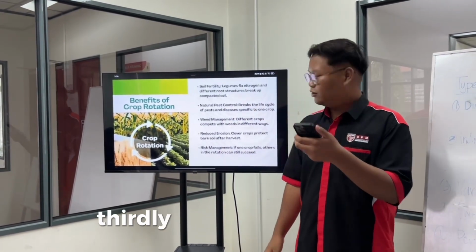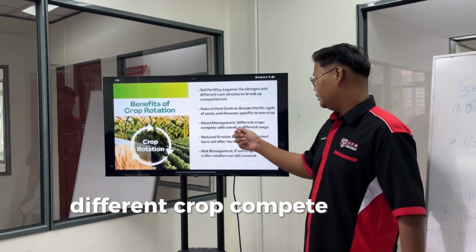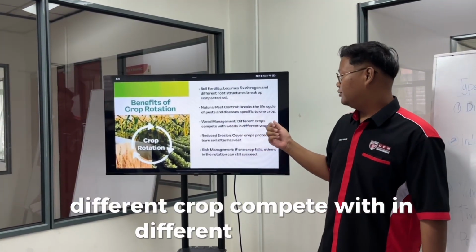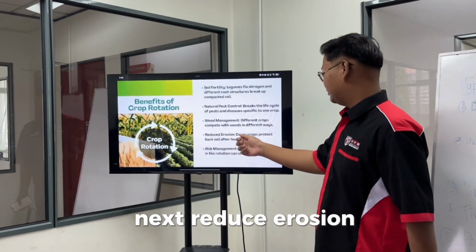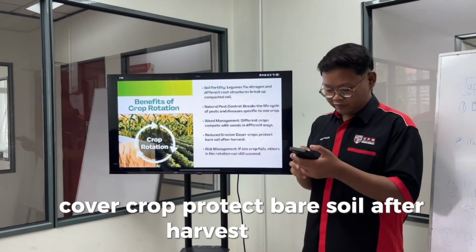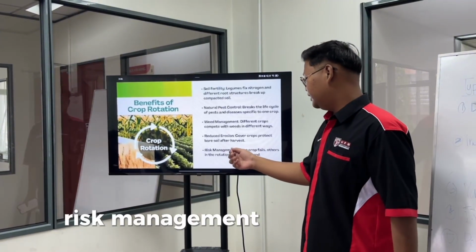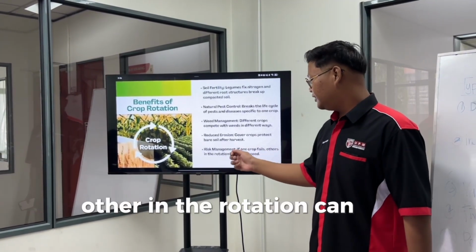Thirdly, weed management: different crops compete with weeds in different ways. Next, reduced erosion: cover crops protect bare soil after harvest. Finally, risk management: if one crop fails, others in the rotation can still succeed.